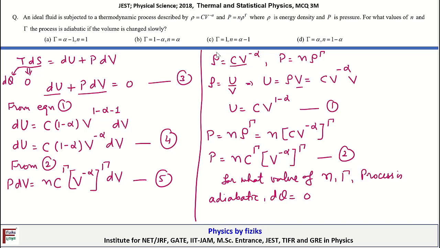Now with the help of equations 3, 4 and 5, we are going to substitute 4 and 5 in equation 3.